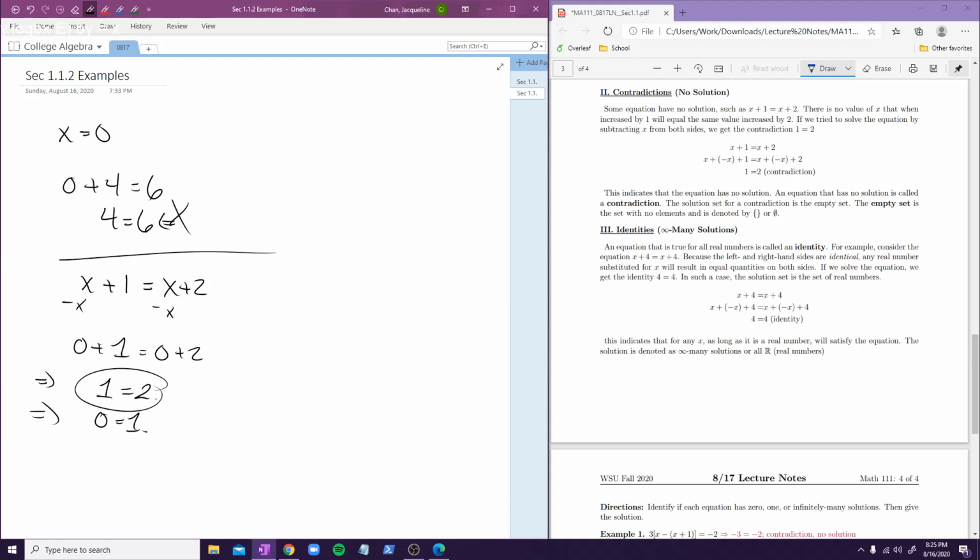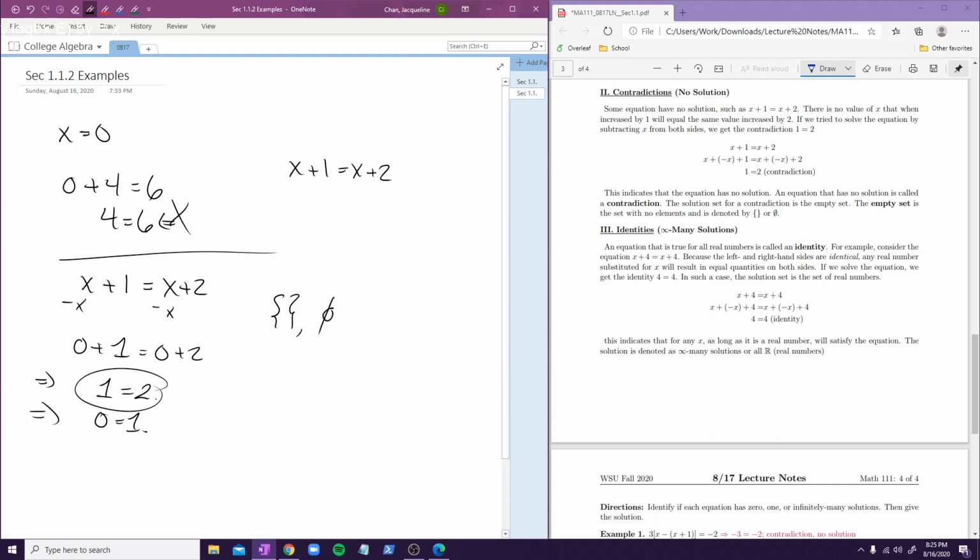The solution set for a contradiction is the empty set, so you can denote that. The solution set would look like this, or you can say this, which means that it's an empty set. What does that mean? For x plus 1 is equal to x plus 2, no matter what number I put in, it's never going to be equal.